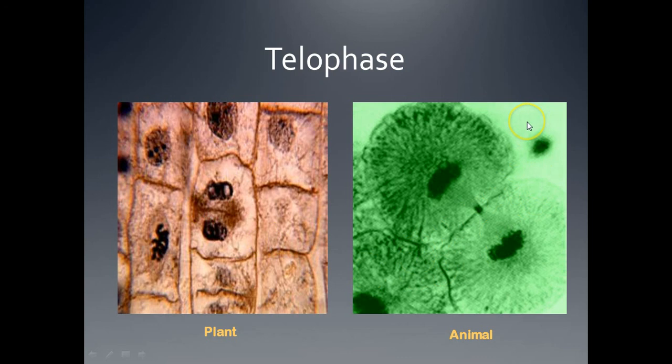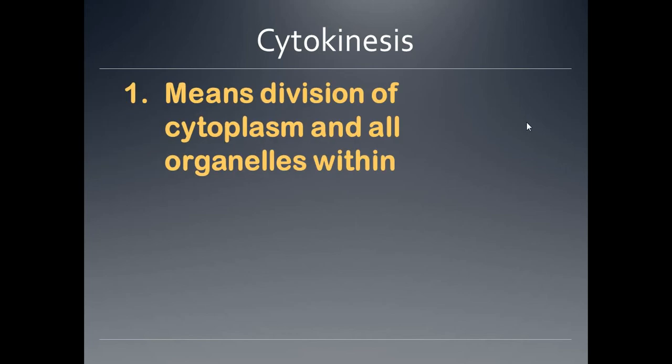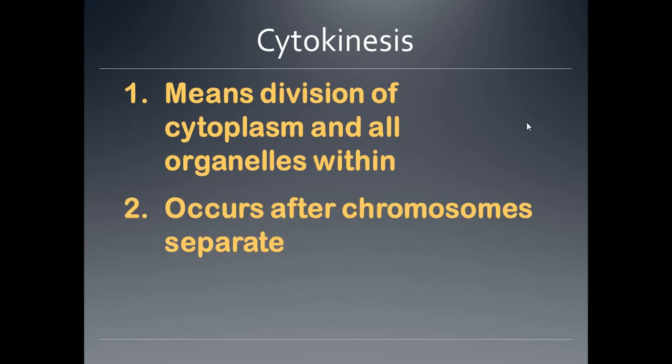So in this step, all of the other stuff starts to get separated as well. And when all of that other stuff actually goes into each side of the new forming cells, it's called cytokinesis. This is the division of the cytoplasm and all the other organelles like the ribosomes and the mitochondria and the vacuoles and all of the rest. And it occurs after the chromosomes separate. So the chromosomes are the important things.